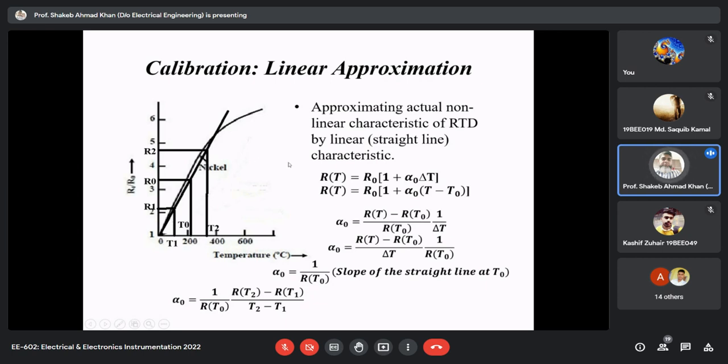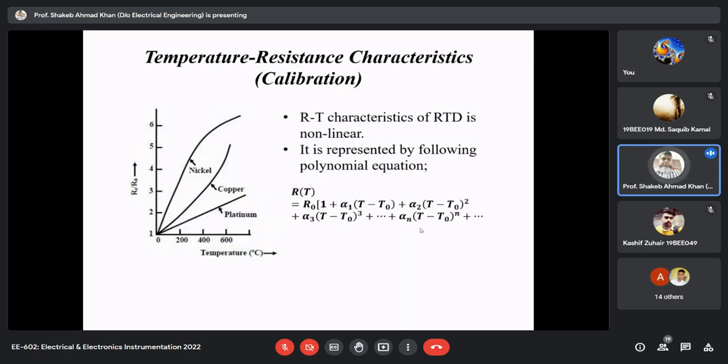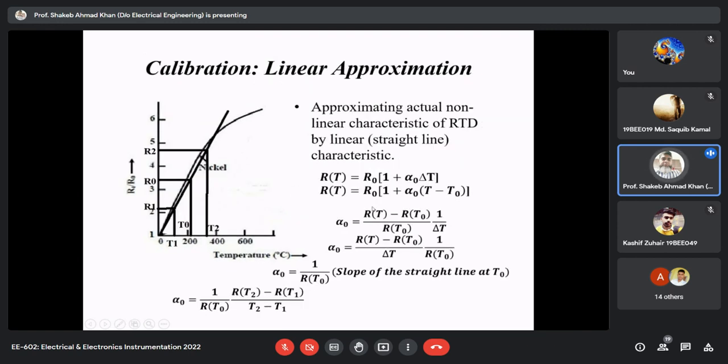And the popular expression you are all aware of for the RTD, RT is equal to R naught into 1 plus alpha delta T, is basically an approximate expression, not the exact expression. We took only the first two terms of the characteristic expression, and it is a linear approximation of the actual characteristic.